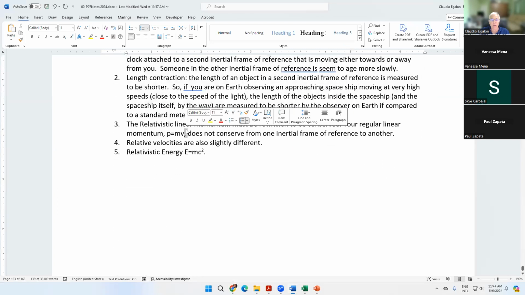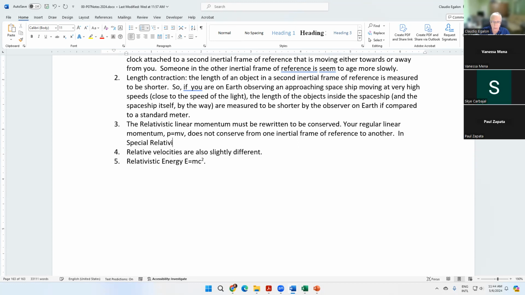Length contraction, what else? Relativistic linear momentum. We have seen linear momentum in physics, and it is written in terms of mass times velocity. In special relativity, this relationship ends up becoming slightly different.